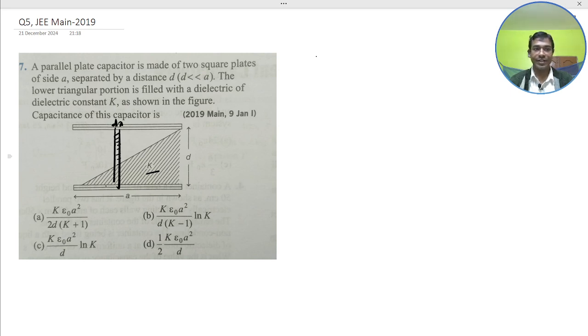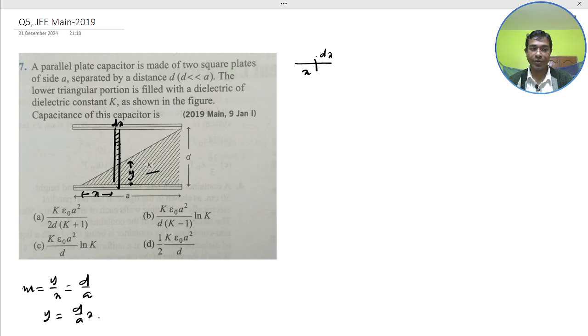This is dx and this is the point x, and this is y. So here this is d. So the slope, y by x is equal to d by a. So y is equal to d by a into x. This is equation number 1.